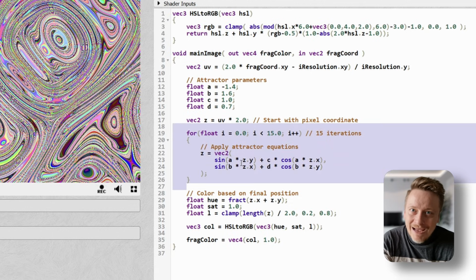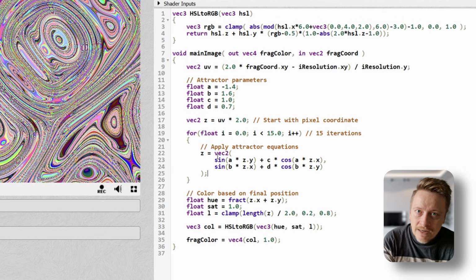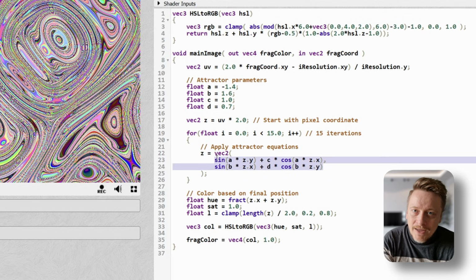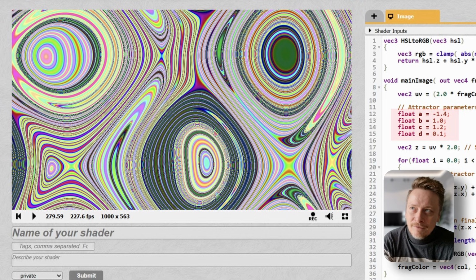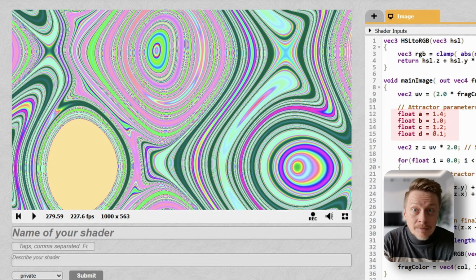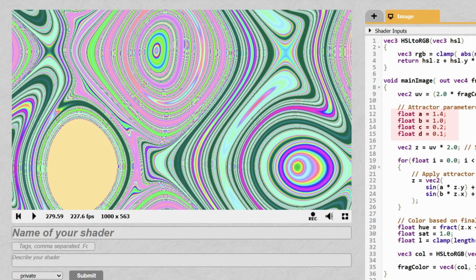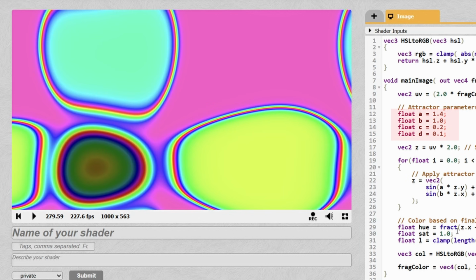Each iteration applies sine and cosine transformations, creating structured chaos. Instead of simulating millions of points over time, we compute it directly per pixel. After the iterations, the color is determined by the final position, hue from sum of x plus y, saturation at full, and lightness based on distance from the origin. The result is a fractal-like pattern with depth and complexity.